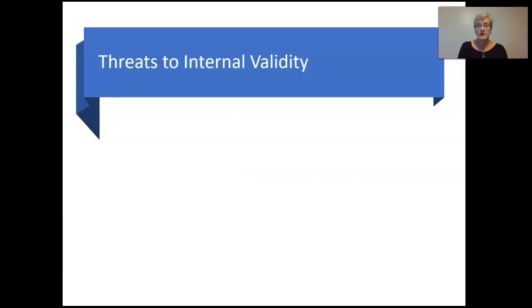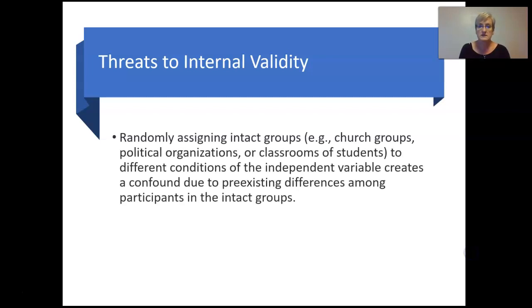Now we're picking up in the middle of the conversation of how experimental methods allow us to create a situation where we have higher and higher levels of internal validity, so that we're more capable of making causal interpretations of our findings.